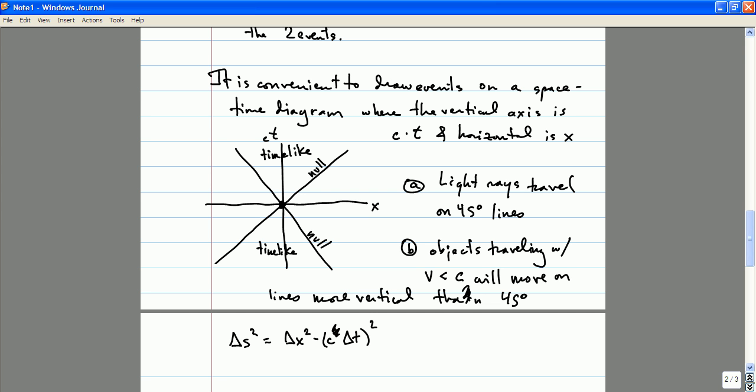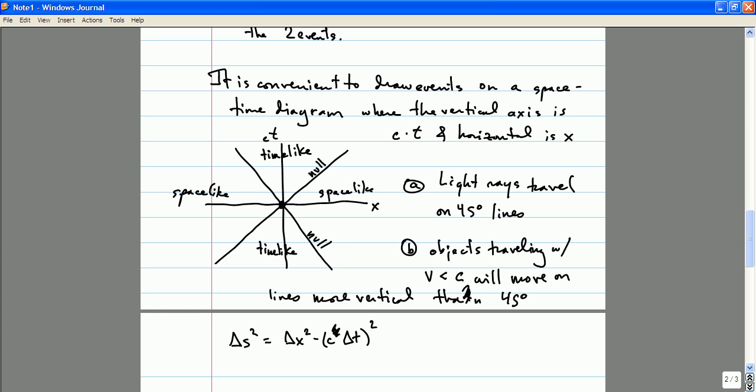Whereas conversely, if delta s squared is positive, delta x is bigger than c times delta t, and you live out on the far left or the far right of this diagram. So it's not so much that we're wasting the regions on either side of this diagram. It's just they will be the positions of events which are space-like separated from an event at the origin.